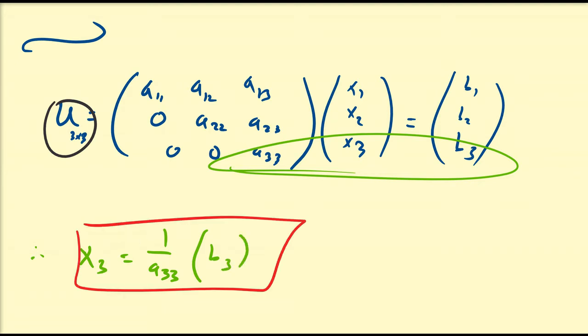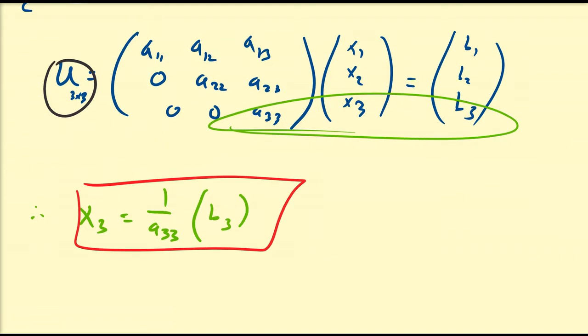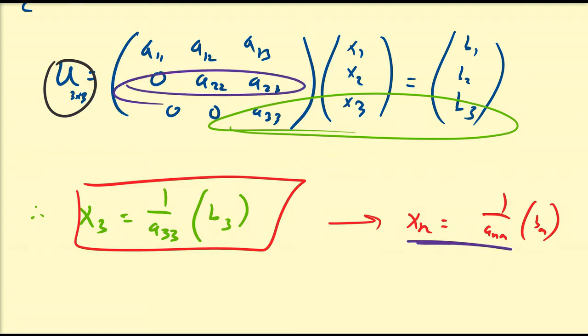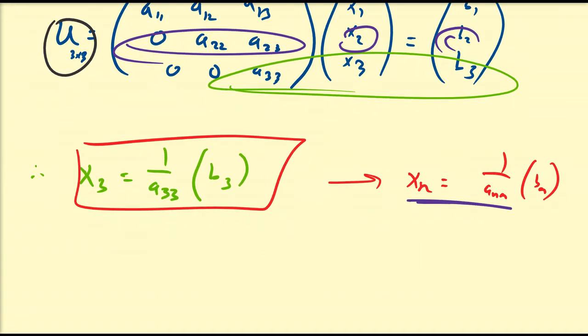Right? So that's the solution to the last equation, which is going to be the general structure: xn is equal to 1 over ann times bn. So that's trivially what the first step is actually going to be. Then we're going to solve the second row part of this equation. So what does that equation look like?